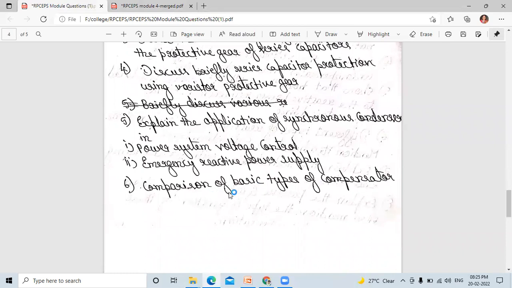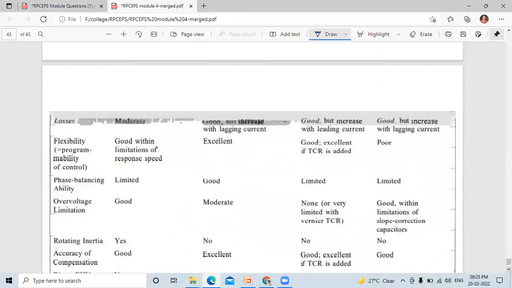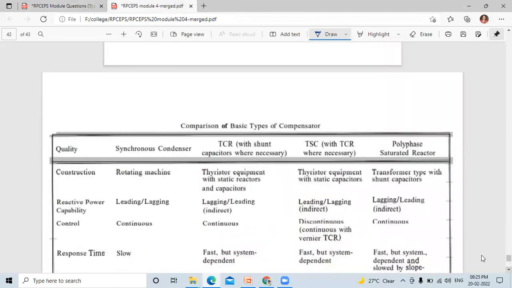Next, they've asked the comparison of basic types of compensator. See, don't confuse the headings. These are the comparison of basic types of compensator: synchronous condenser, TCR with shunt capacitors, TSC, and polyphase saturated.